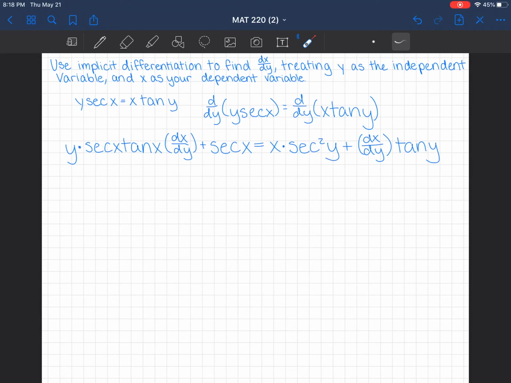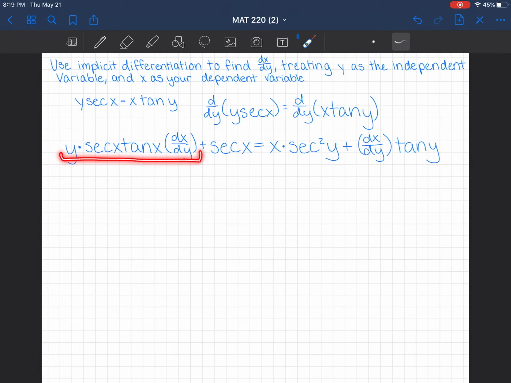So again, just to recap, we have this term here. This is all the product rule with that term. And then over here, we did the product rule on the right side. So now what we want to do is we are still trying to solve for the dx/dy.